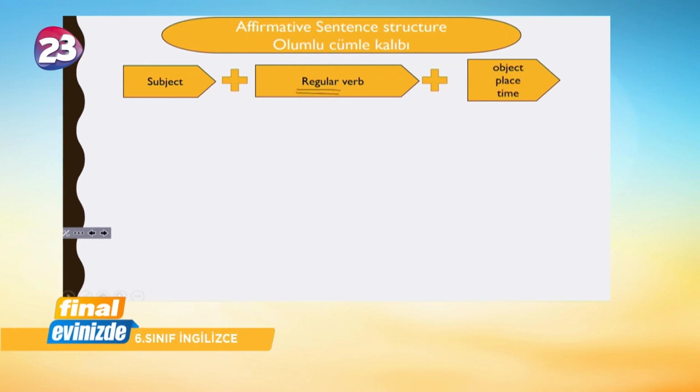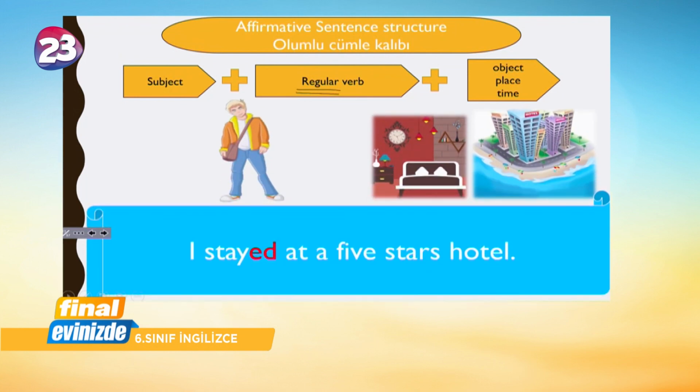Let's carry on. Okay, James says, I stayed at a 5-star hotel. Okay, good. You should be careful, we use ed here. Why? Because stay, the verb, is regular. Therefore, we add ed. And remember, I have told you that you should check the last letter of the verb.